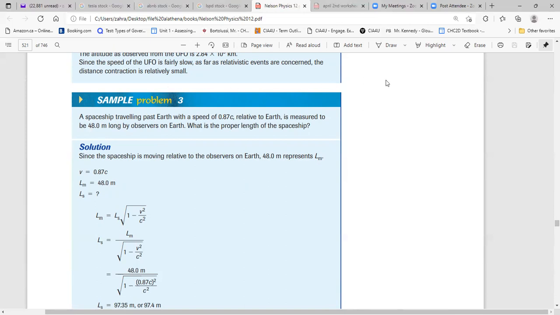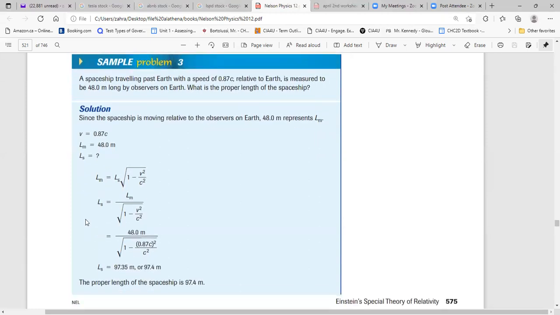The spacecraft is moving, so this is not actual. You see a contraction of that length. So the L_m is given. Now, what is the proper length of the spaceship? The proper length, which is L_s, just rearrange it for L_s and calculate it. That would be the proper length, which is actually bigger than what you observe.